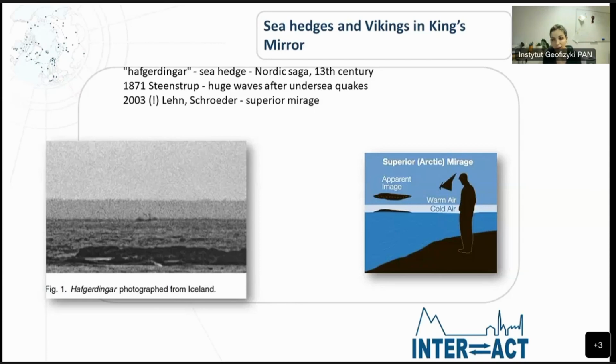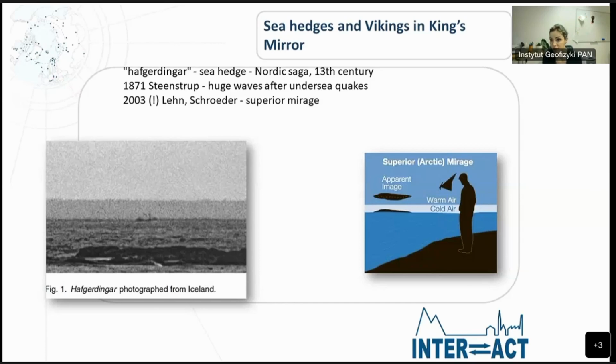There's one medieval tale called the King's Mirror, a Viking tale. It describes Iceland and Greenland, and even though it's not a scientific record, it describes those places with almost scientific accuracy.